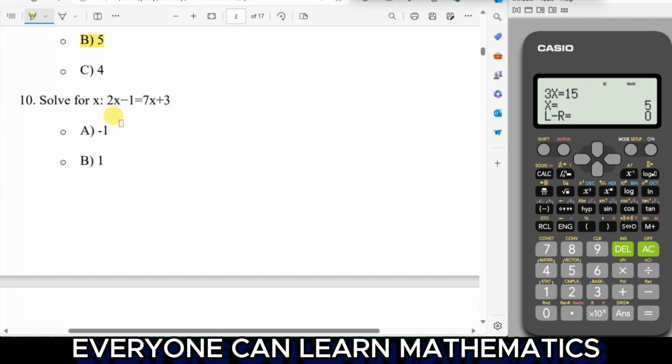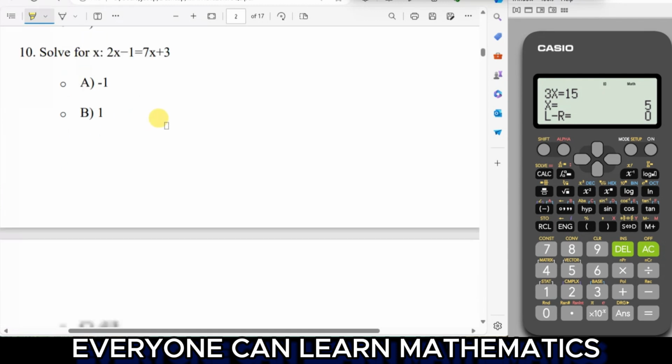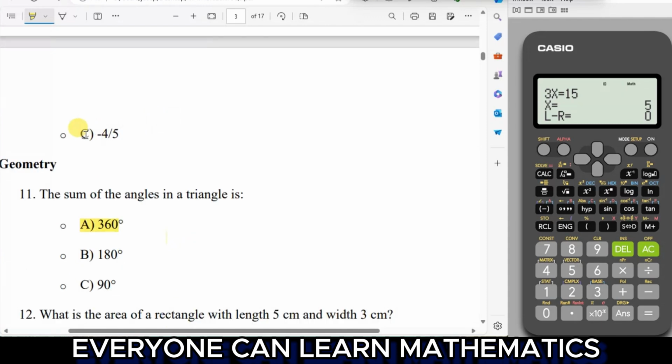So we have 2x minus 7x, that will give you negative 5x equal to 4. Because we have 3 and 1 can be positive 1, that will be 4. So divide through by negative 5. So your correct answer will be negative 4 over 5. So our correct answer here is C.